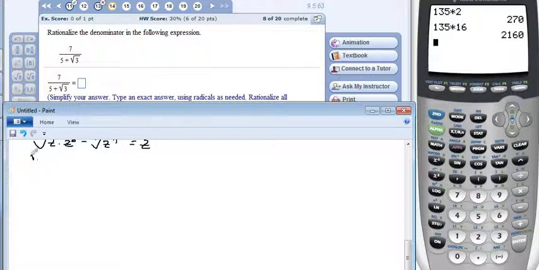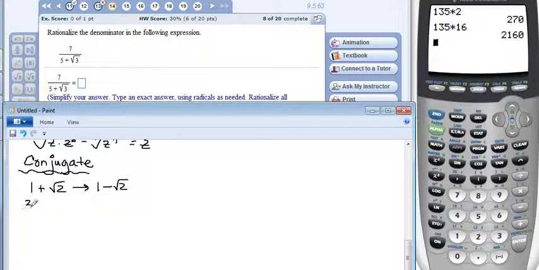Well, what's a conjugate? Conjugate. Well, if I have 1 plus the square root of 2, the conjugate is 1 minus the square root of 2. Okay, what I'm doing is I'm keeping these two pieces the same, and I'm changing my sign in between.